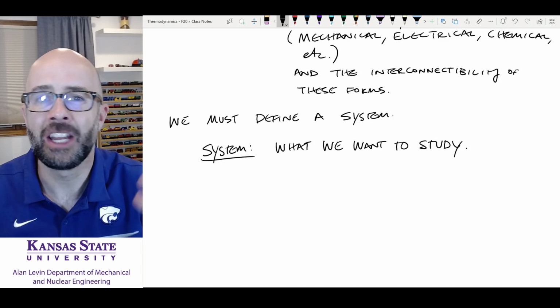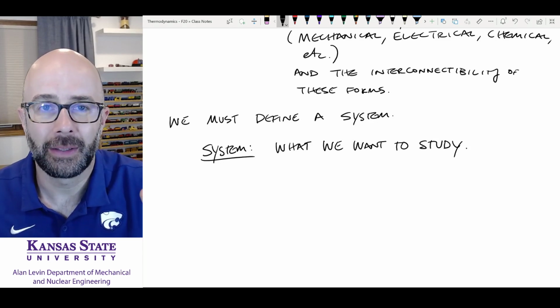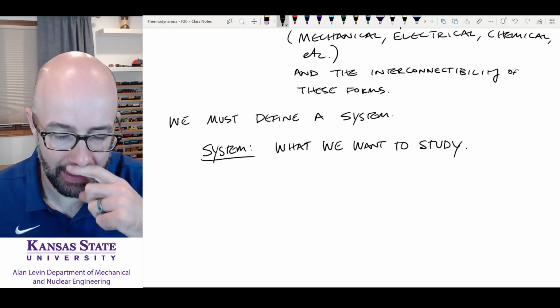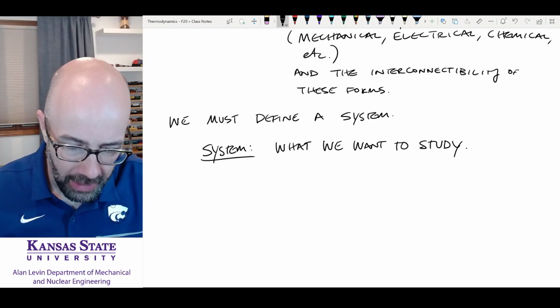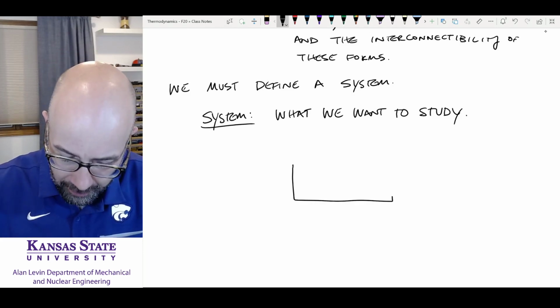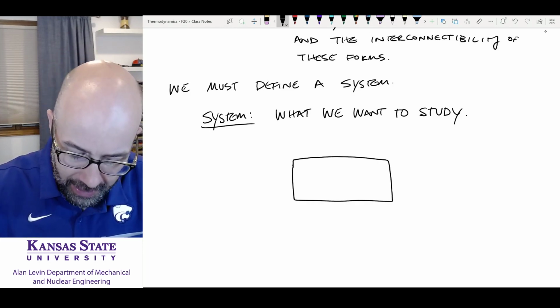So we could be looking at an engine, a turbine, a boiler, whatever that system is. I'm going to do this very simply: I'm going to draw a box. This box happens to be the system that we want to study.